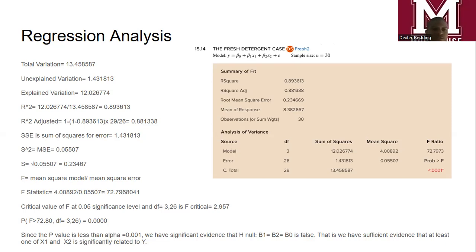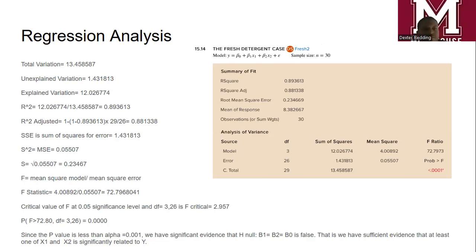For R squared, we did the explained variation divided by the total variation to get 0.93613. And for the adjusted R squared, we did 1 minus (1 minus our R squared, 0.93613, times our degrees of freedom, 29 divided by 26) to get 0.88.